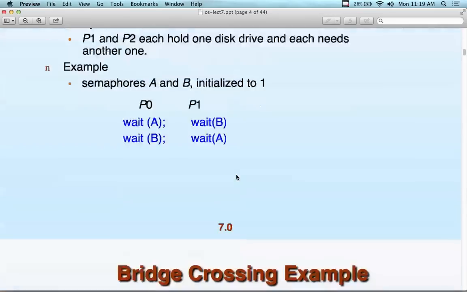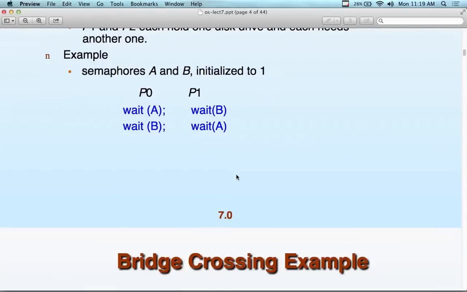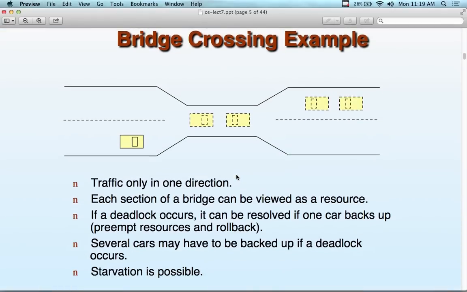Actually, let me just run through the three scenarios that I had mentioned already in a previous lecture. We could avoid the concept of deadlock ever occurring by implementing a scheduler and implementing the process resources so that we never have a deadlock occur at all. Or we could wait for a deadlock to happen and try to prevent it.